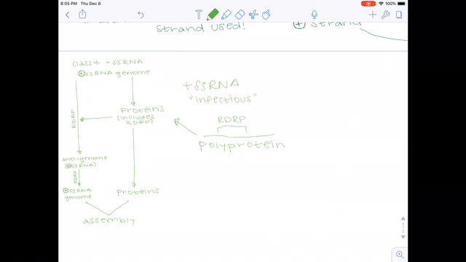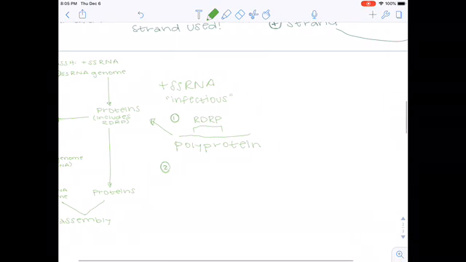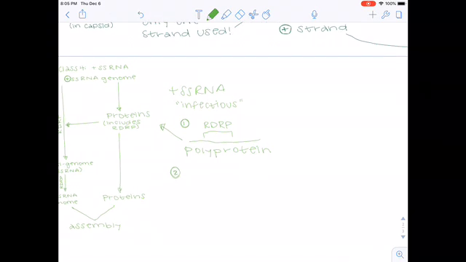All right, and so once the RDRP is formed, we'll put this as step 1.